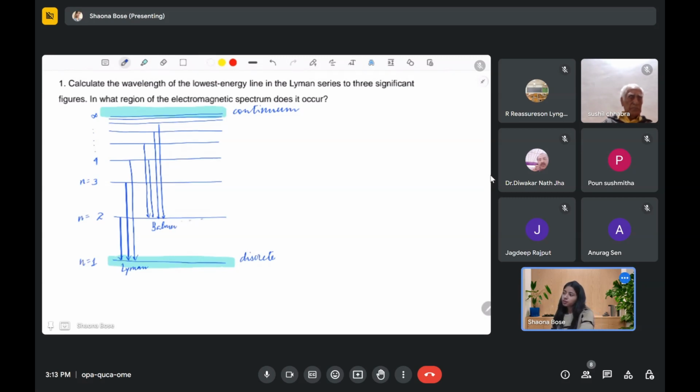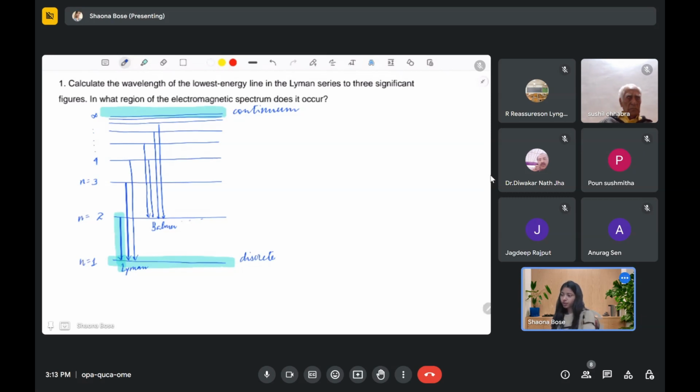So what do you mean by the lowest energy line in the Lyman series? That means we're talking about this line, because you can see from the gap that the energy of this particular line will be the lowest, right?